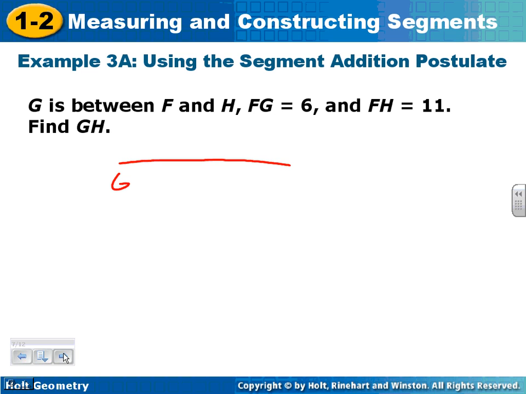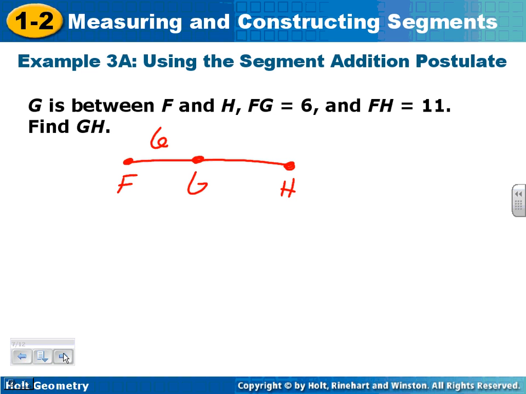G is between. Let's put some points on this. Not necessarily drawing it to scale here. G is between F and H. Then it says FG is 6, so I'm going to put a 6 right there.